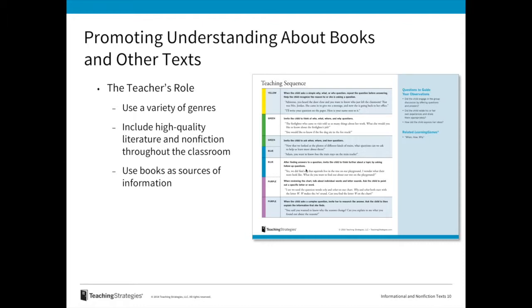So you can start at one level if you know that's where the child is, but then maybe you want to stretch them a little bit and scaffold up to the next level and interact with them on that level. Or you can do this with a small group and have children at different levels all participating in the same activity, but the way you're interacting with them depends on what level they're at. So the teaching sequence really helps to support teachers to individualize.